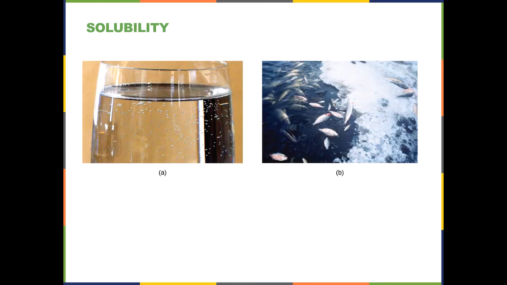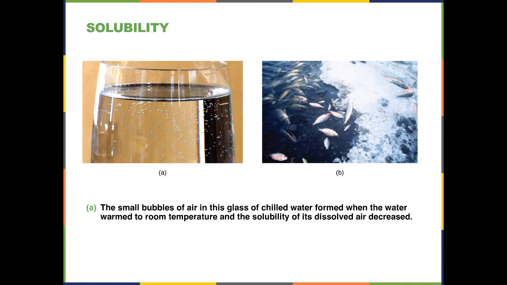Now you've all had the experience on the left here where you'll pour something into a glass, and if it's carbonated, it will produce bubbles. And what those bubbles are is the gas coming out of solution. And so these small bubbles of air in chilled water form when the water is warmed, because the solubility of the dissolved air is decreased, as we showed in the previous slide.